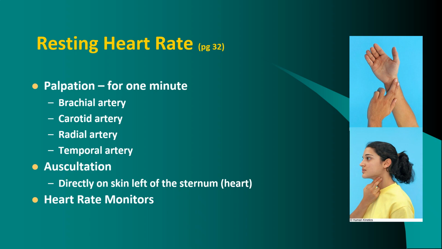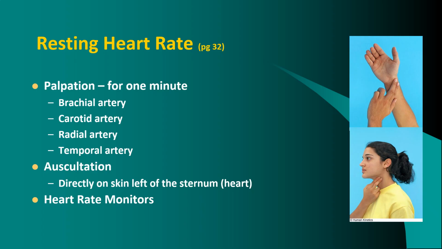If you have a stethoscope, you can also try to listen for it. You can place it by the sternum, left of the sternum, and listen to the heart rate that way if you prefer. And you can also use heart rate monitors if you like as well. So that's the easy way of calculating resting heart rate, but you will take it for a whole minute and document that number.